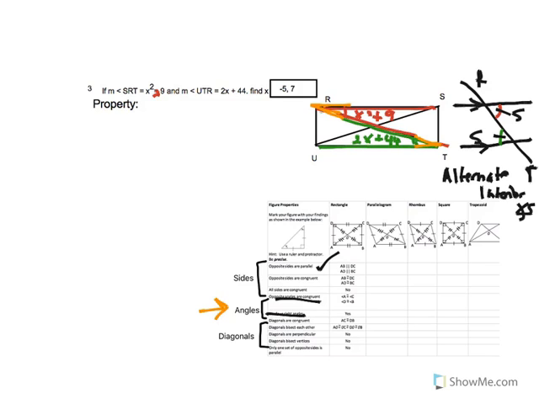So the property that we're going to use for this one is two properties. First, the fact that opposite sides are parallel. And then we have to further explain how that helped us write the equation.